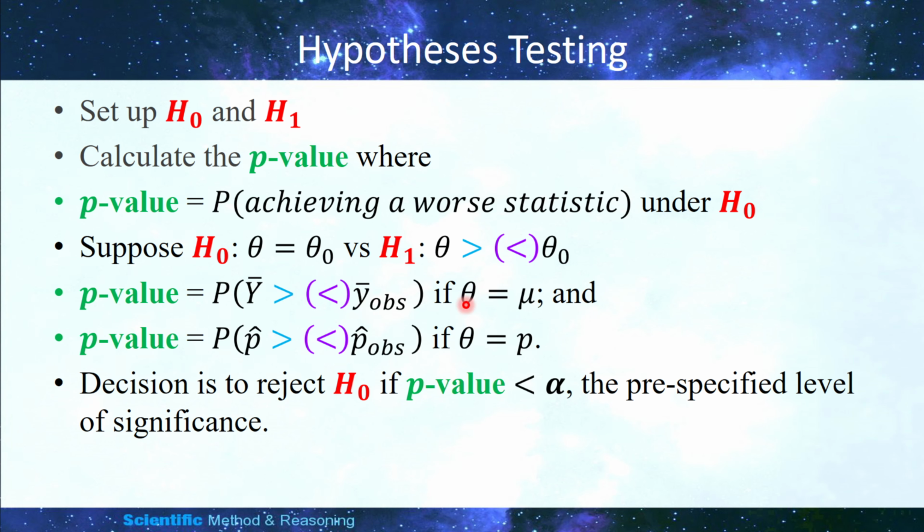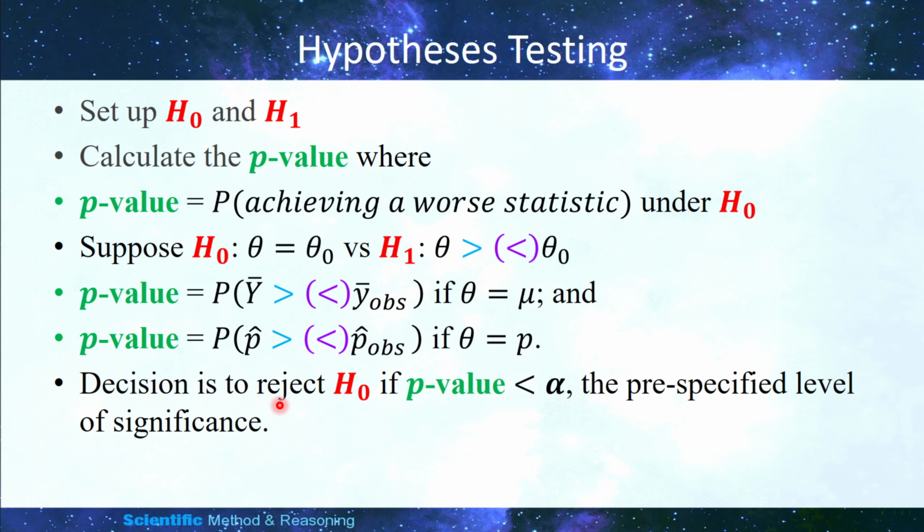If the parameter of interest is the population proportion, then the p-value becomes the probability that the sample proportion is greater than or less than the hypothesized value, p0.